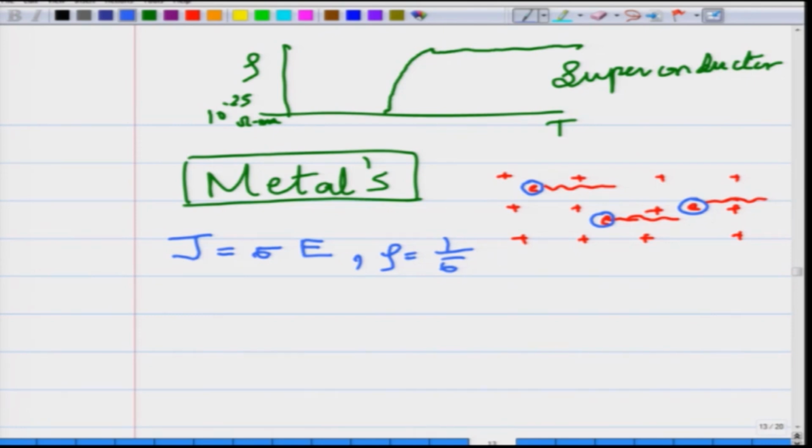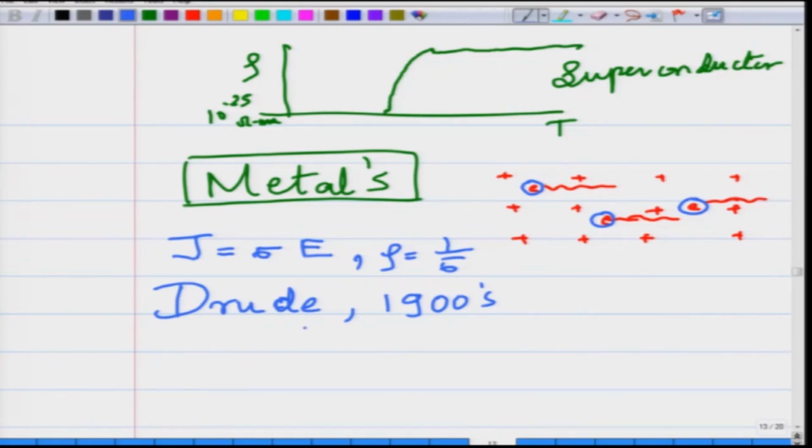Here came Drude with his model in 1900s, and he wanted to explain from where does conductivity or resistivity arise inside a metal, and how do electrons give rise to this property of resistivity or conductivity.